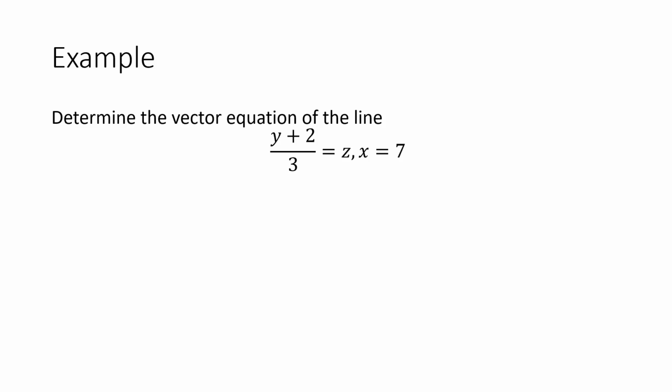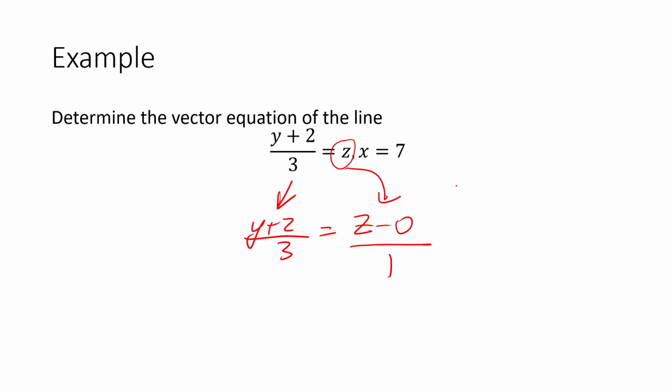Now, what if we have a line as shown? Well, y plus 2 over 3, that's easy enough, y plus 2 over 3 equals z. z is like z minus 0 with a denominator of 1. So it's like saying y plus 2 over 3 equals z minus 0 over 1.